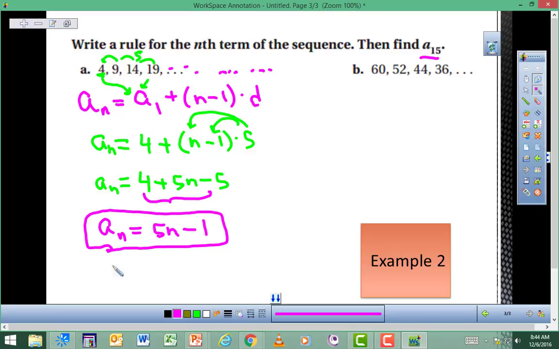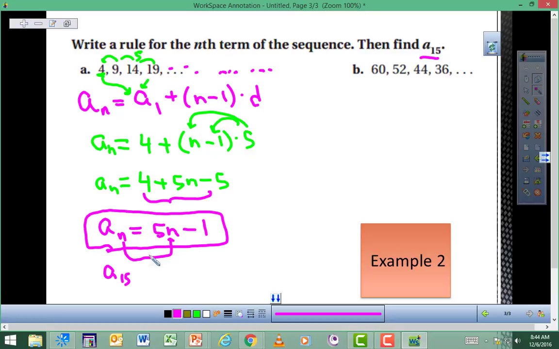Okay, so what's a sub 15? Well, whatever is here, you just put in for n right there. So why don't you finish this on up? Go ahead and take a moment. You don't have to have me do everything for you, right? And finish this up. 5 times 15. That's what? 75 maybe? 75. 15 and 15 is 30.